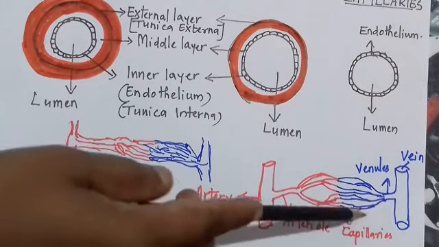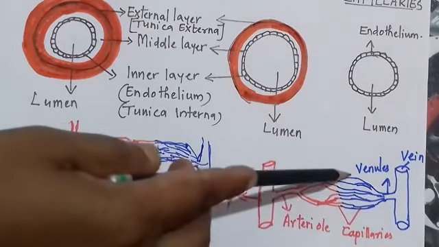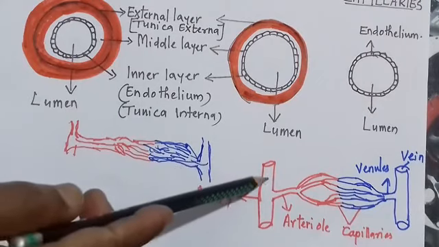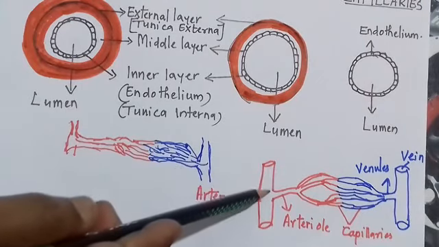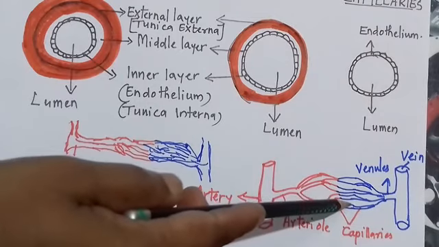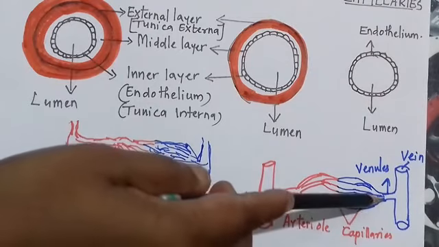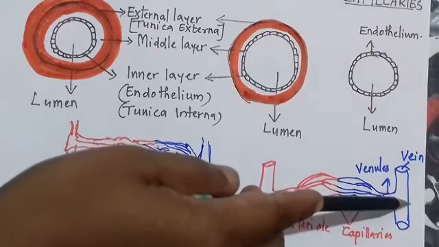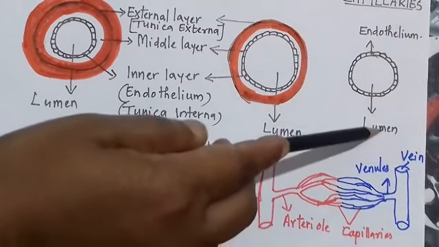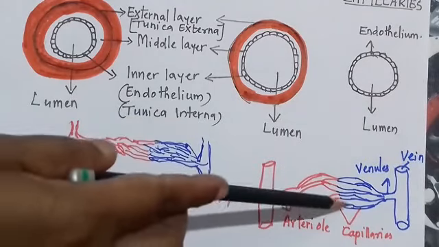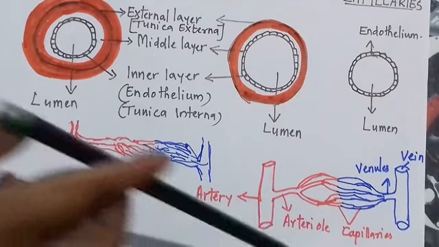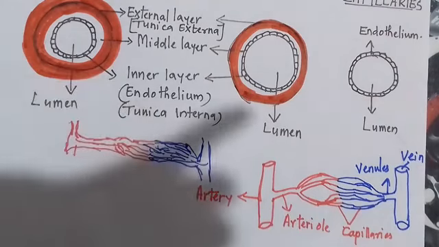So this is the relationship, the connection, the link. Oxygenated blood is brought from the heart, reaches every part through the arterioles and capillaries, then capillaries join to form venules, venules form veins, and blood is brought back to the heart through these blood vessels. The rest of the circulation of blood we will continue in the next video.